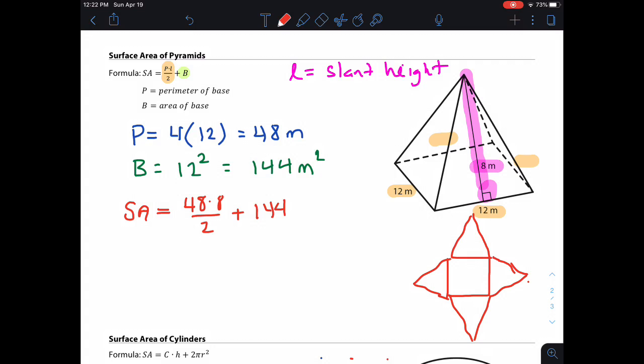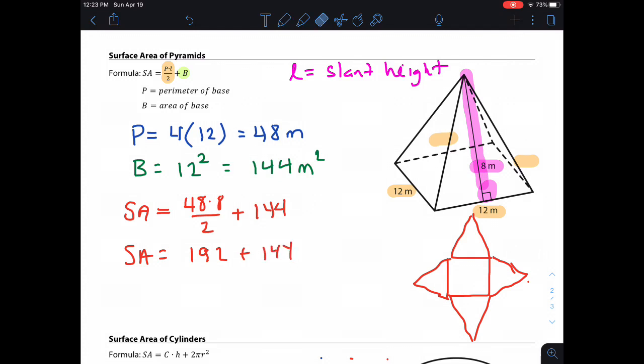So 48 times 8 divided by 2. Well, I can simplify that a little bit. 48 times 8 is 384. Divided by 2 is 192. So we have 192 plus 144.